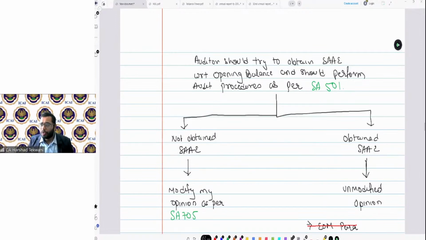I'm not required to gather information about that. I may have gathered information about the opening balance to some extent by applying SA 501, but that is not equivalent to an audit. As a result, I'll still say these are unaudited numbers. That is in the other matter paragraph.